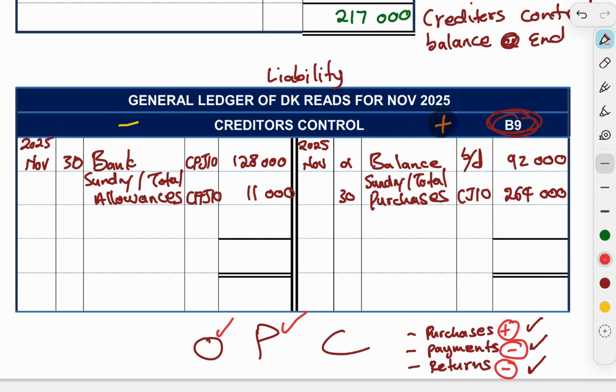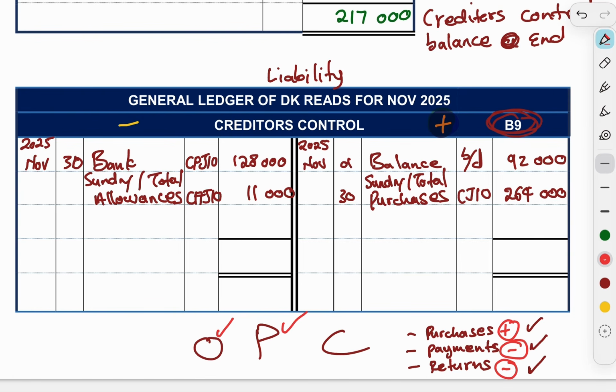And then now we have to do the closing. Remember how we close? The side that has the biggest amount should always be, for you guys, the credit side. So in the credit side, we have 92,000. We add it with 264,000.